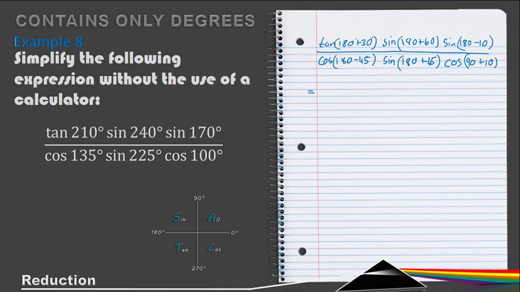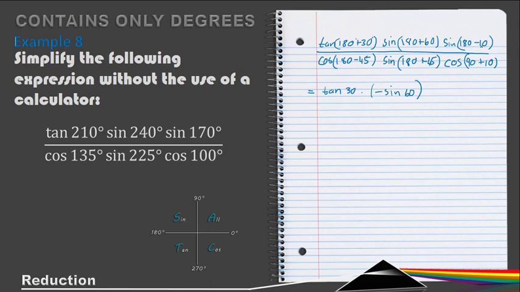Okay, so now to apply the reduction formula, we have 180 plus 30 is in tan's quadrant, so it's going to stay positive tan 30. Then sine 180 plus is in tan's quadrant, so this is going to become negative sine 60.